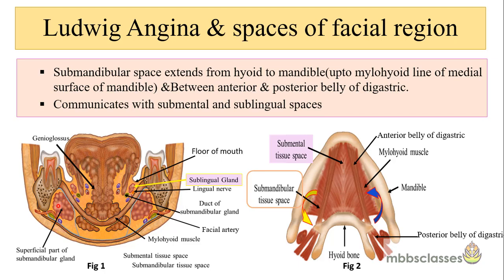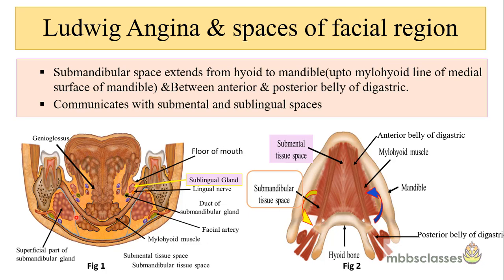And since the submandibular space communicates with the sublingual space, this is the sublingual space. It is situated above the mylohyoid muscle, and the submandibular space communicates with the sublingual space behind the posterior margin of the mylohyoid muscle.